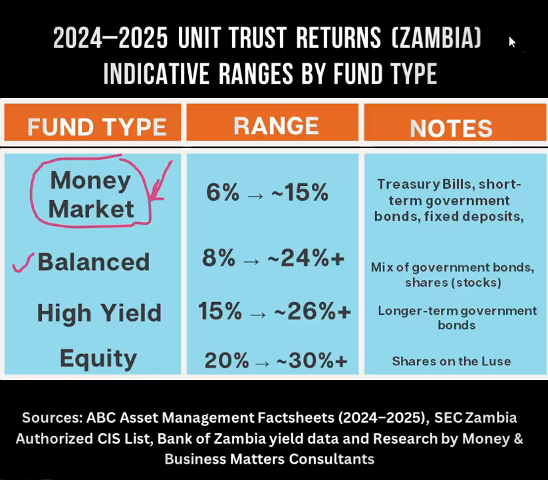In short, they cannot just invest in anything they feel like. For instance, they can't just wake up and go and invest in gold or copper or farming, because they are regulated. These fund managers are told where to invest the money. If these rates are appetizing to you, you might consider unit trusts.